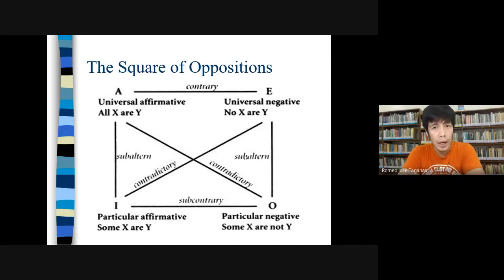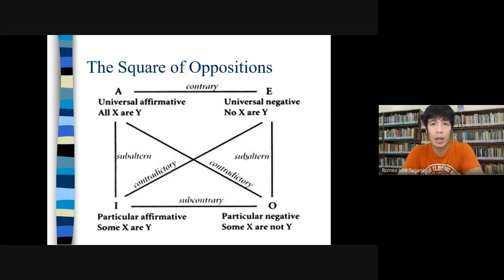Ngayon naman, tapos na tayo sa terms, ang pag-uusapan natin ay ang propositions. Now, this square of oppositions will show you the relationship of one proposition to another proposition. And I want you to take note of this very well. So we have an A proposition. The quantity is universal and the quality is affirmative.